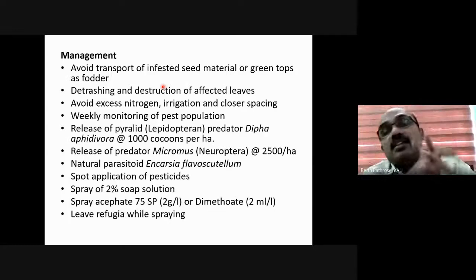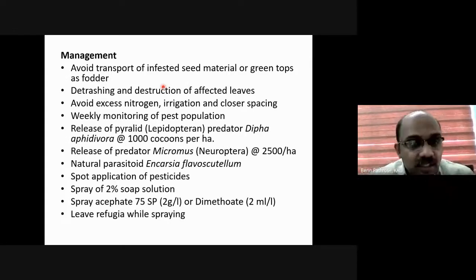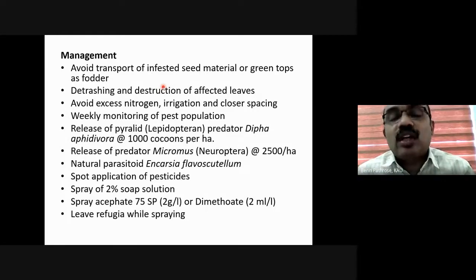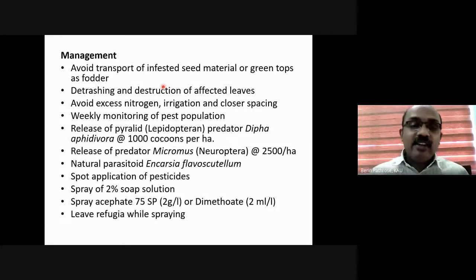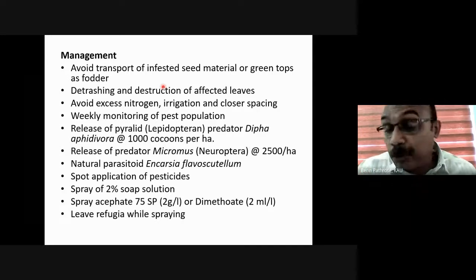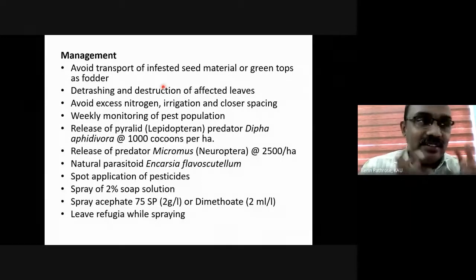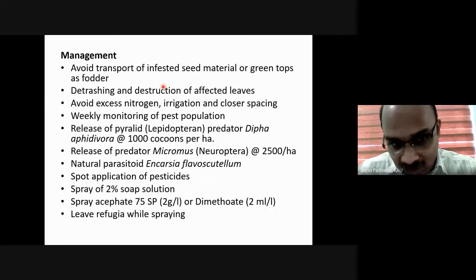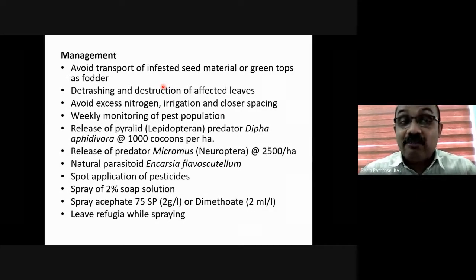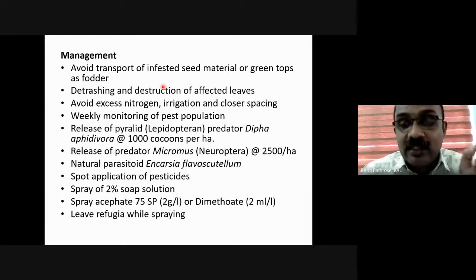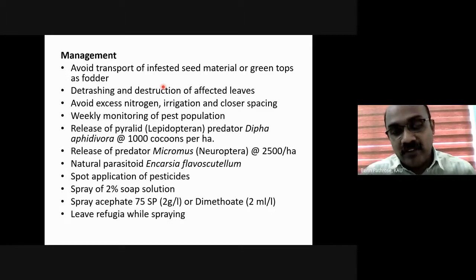Coming to biological control, remember that we have certain unique natural enemies for this pest. We haven't seen many lepidopteran predators as biological control agents. But in the case of sugarcane woolly aphid, we have a lepidopteran insect which preys on this woolly aphid.